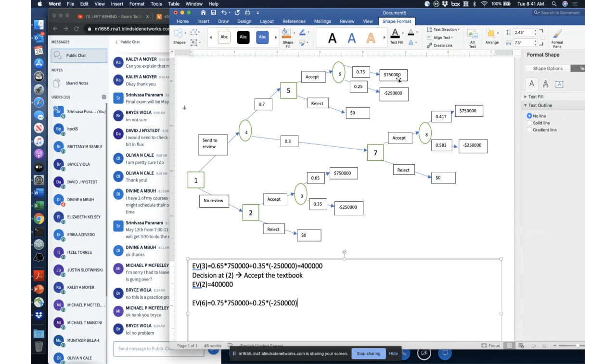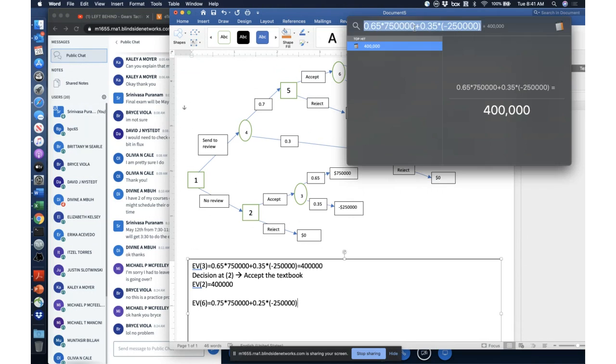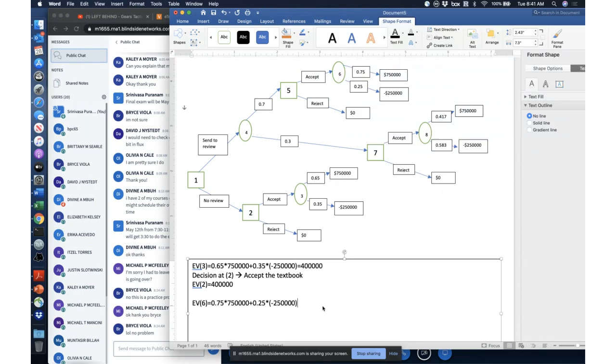I can just change the probabilities here. That will be 500,000. So the expected payoff at node 6 is 500,000.